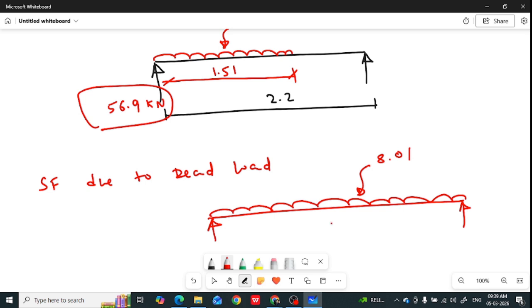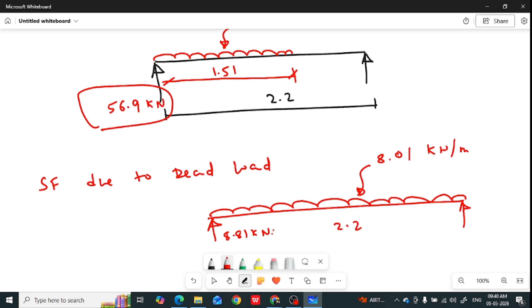We are considering 1 meter width of the slab, so it will be kilonewton per meter. The span is 2.2, and the shear will be the same on both the supports. You can consider any support. Here it is 8.81 kilonewton.